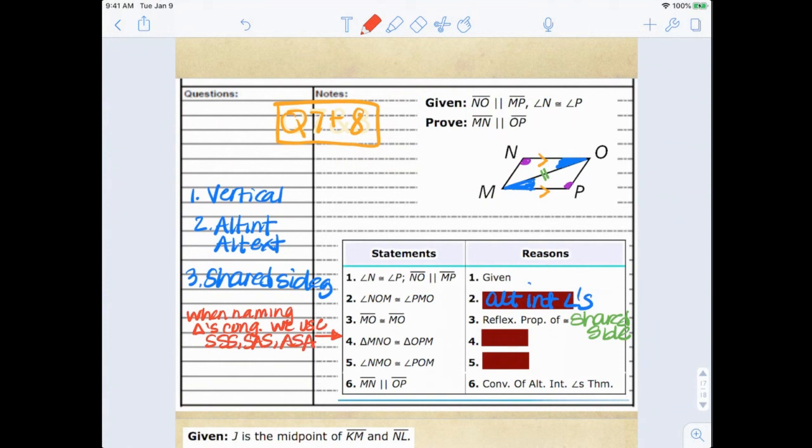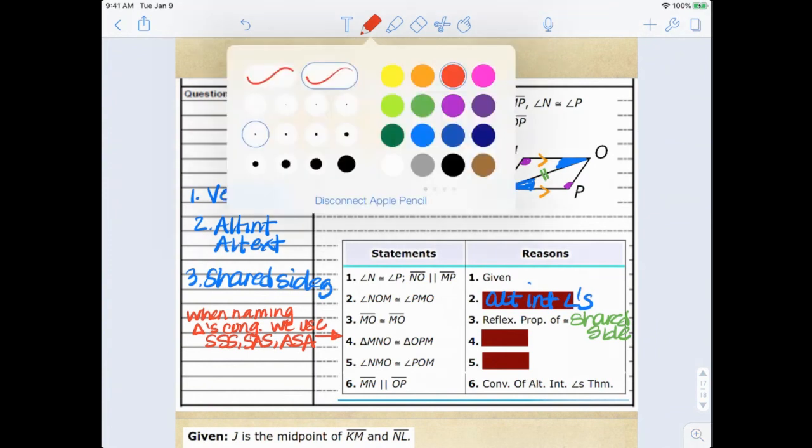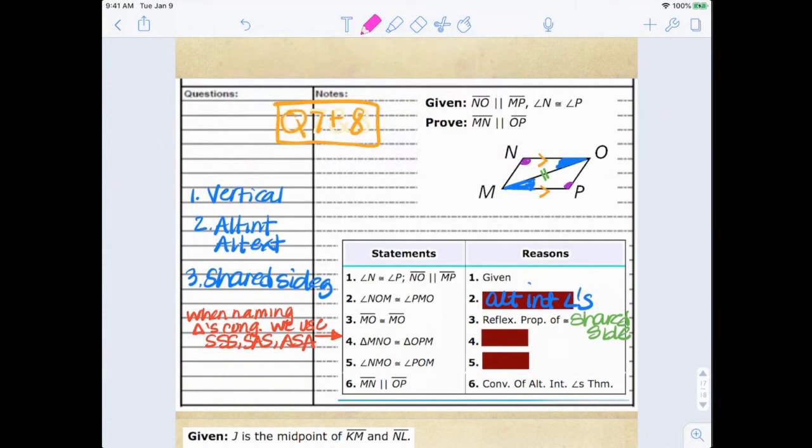We have angle M-N-O, we have an angle, another angle, and we have a side.